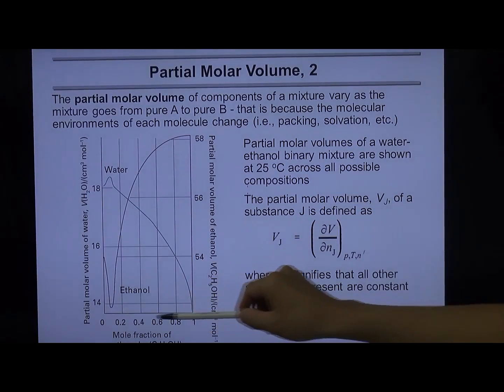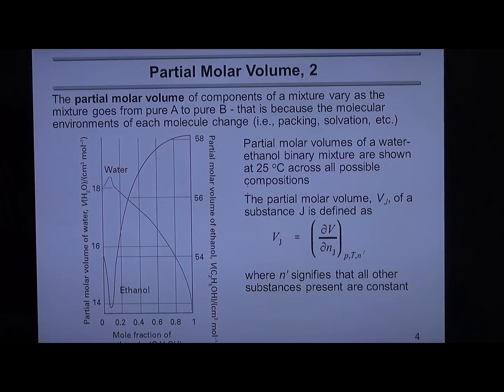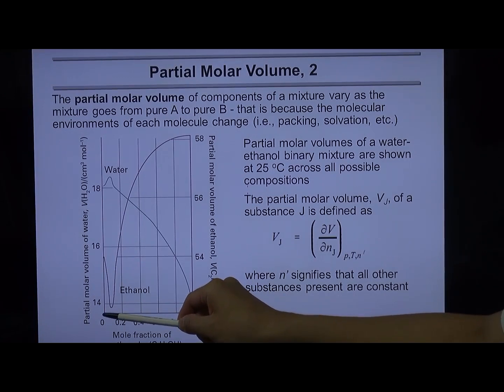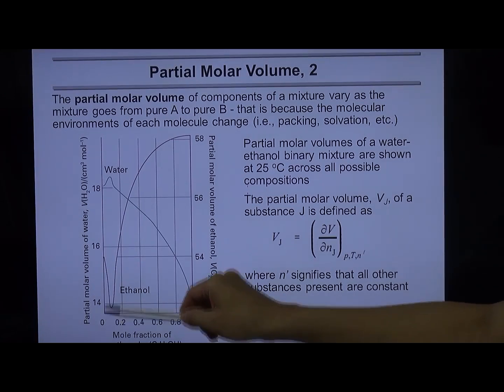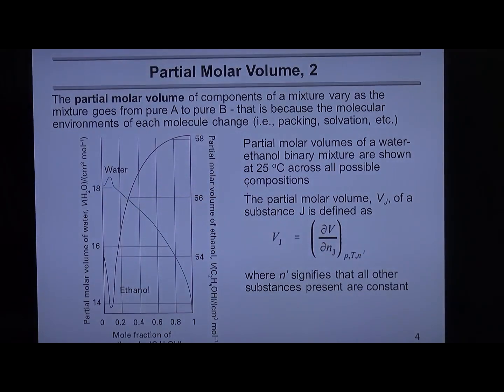And the x-axis represents the composition, the mole fraction of ethanol in a mixture, okay? As you recall from the previous slide, when the mole fraction of ethanol is 0, when there is only water, the partial molar volume of water is 18 cubic centimeters per mole, right? Remember? Okay.